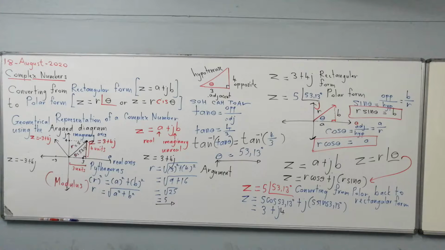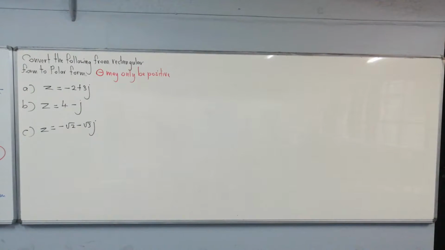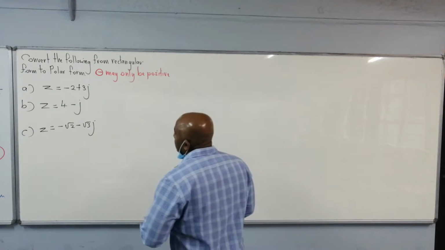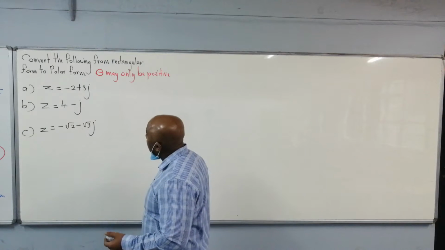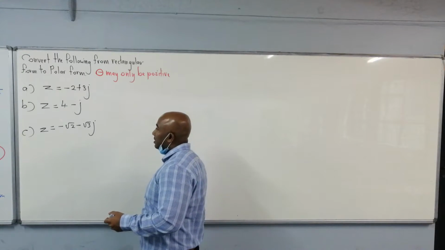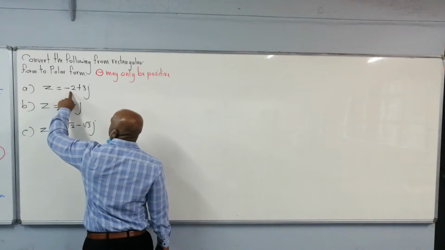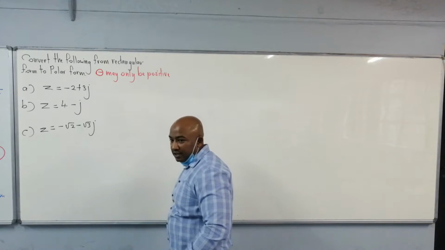Let's do a few more. So here, convert the following from rectangular to polar, and then we will also convert back to rectangular. So what do we have? Z is equal to minus 2 plus 3j.